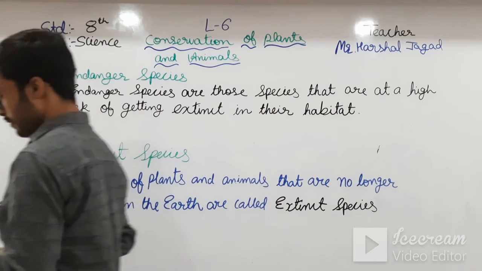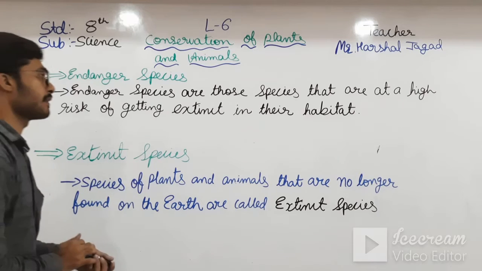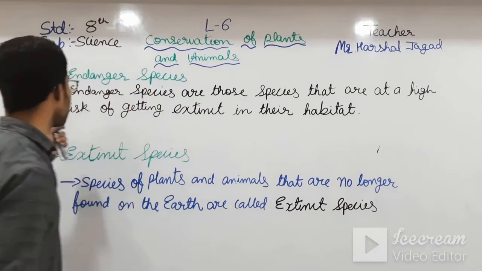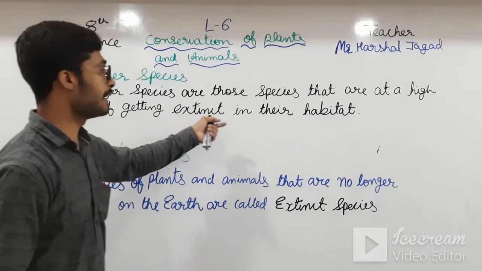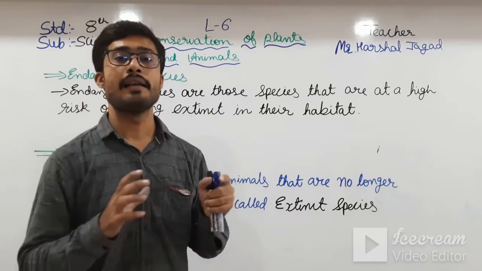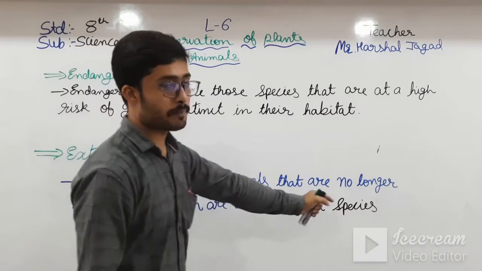Okay students, so these are the endangered species. Endangered species are those species that are at high risk of getting extinct in their habitat. Means there are only a few left of their species. After they die, they will be extinct species.